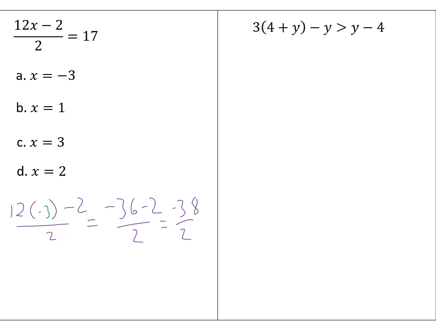So we've got -38. -38 divided by 2 is a negative, not a positive. So this is a no. And now I'm going to repeat it, and I'm going to plug in the 1.